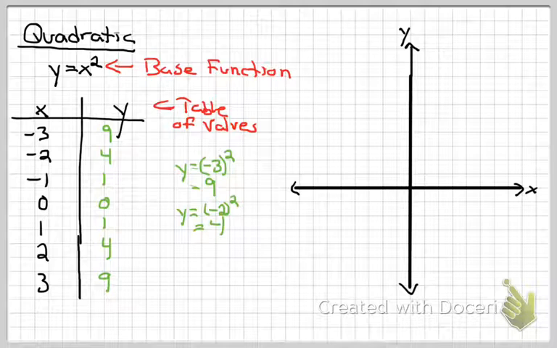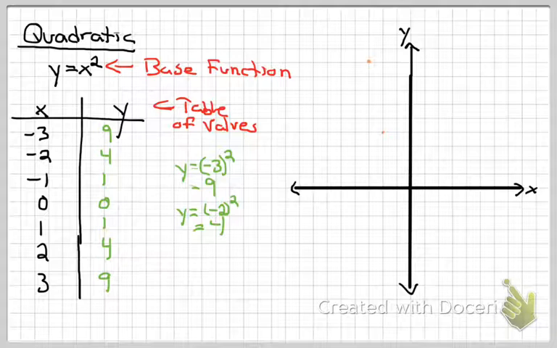Now we can go ahead and graph this. Remember that you graph your x-coordinate first and then your y-coordinate. We first graph (-3, 9). From the origin, you move 3 left, 1, 2, 3, and up 9. So we get our point here. Our next point is (-2, 4). Again, start at the origin, move 2 left, up 4.